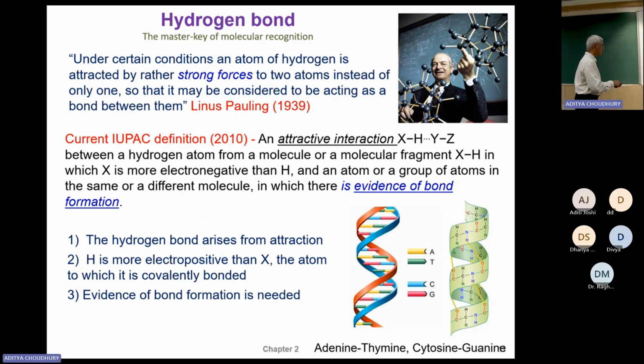Hydrogen should be more electropositive than X, the atom to which it is covalently bonded, most of the time. So you will get this kind of hydrogen bond. As for evidence of bond formation, you can find evidence in different ways: spectroscopy, crystallography, or computational methods. You can find out the energy involved, and you can very easily show the evidence for the formation.